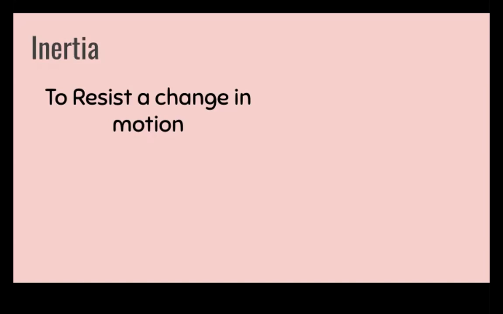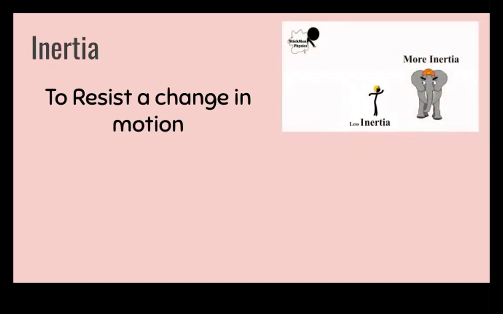Now, the more mass you have, the more inertia you have. Okay? So if we notice this elephant versus our little stick guy here, the elephant is going to resist a change in motion more. You can't make that elephant move, little stick guy. Are you kidding me?